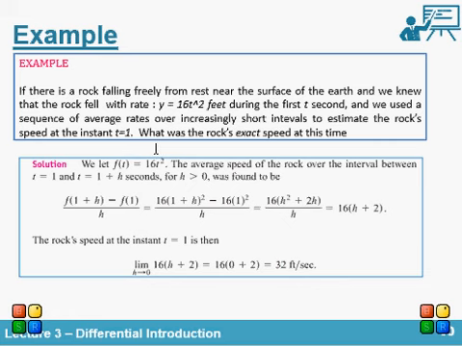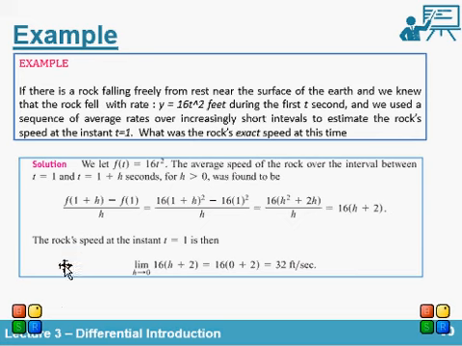You can see here, we just change the t with 1 plus h, just input 1 plus h to the t, and then minus 16 times 1 squared, per h. Then you can calculate, and you will get the differentiated function 16 times h plus 2.